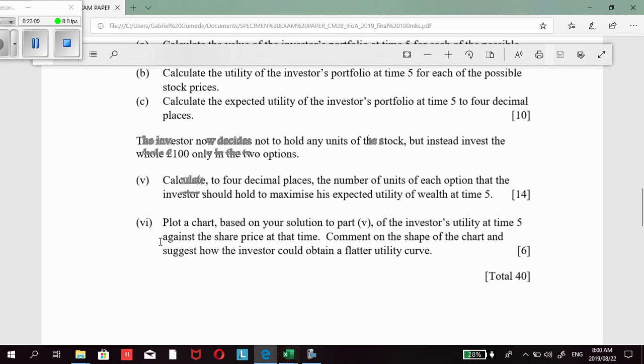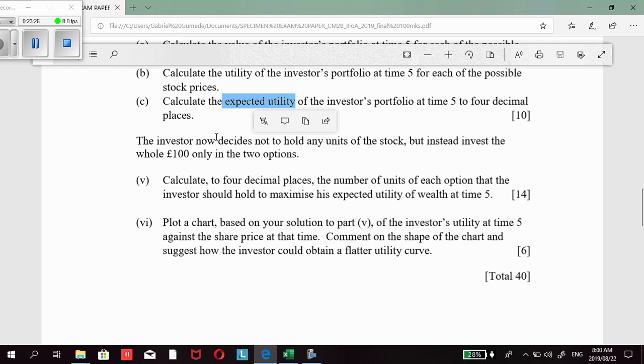Now let's look at the next question. It says calculate the expected utility of the investor's portfolio at time 5 to 4 decimal places. I discussed this in detail in my revision videos.